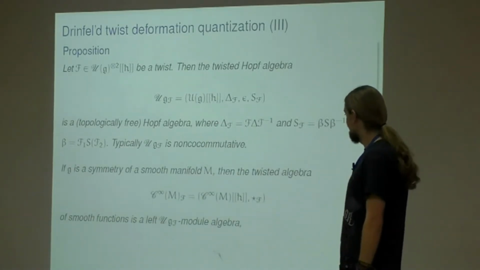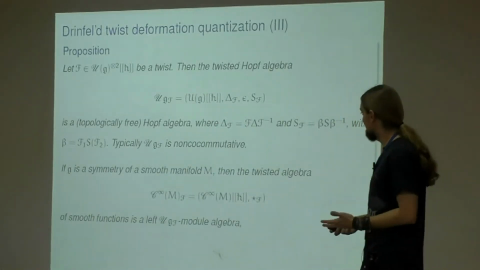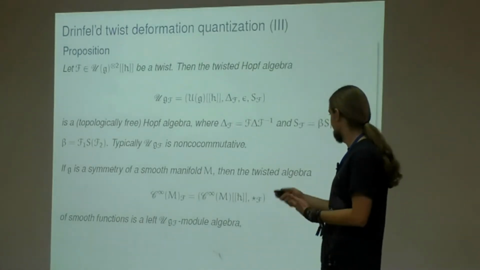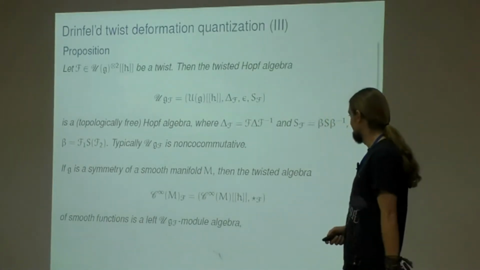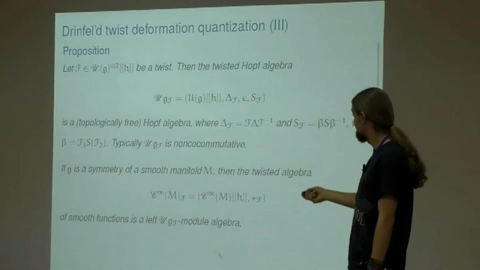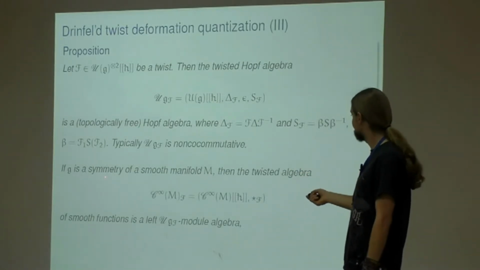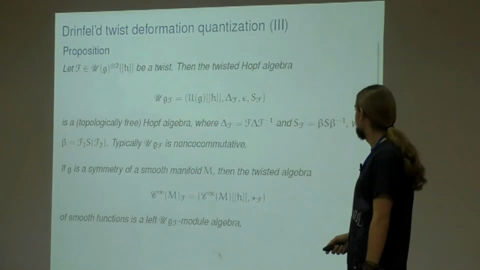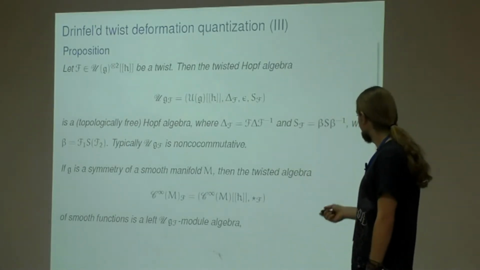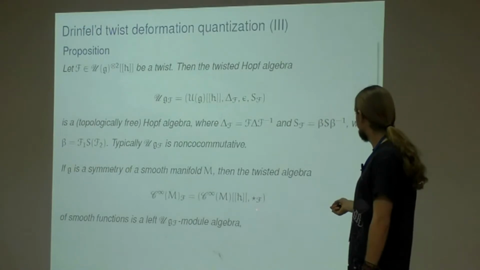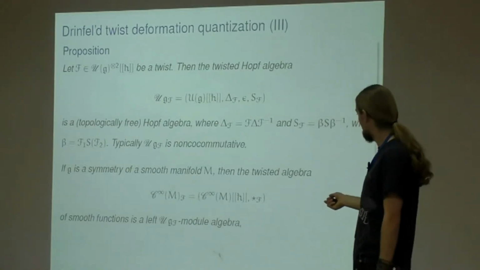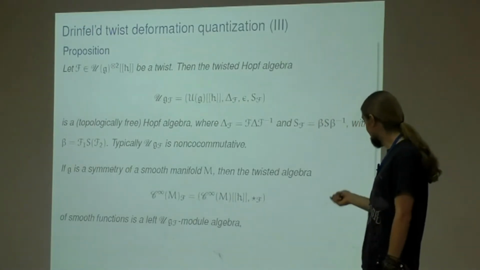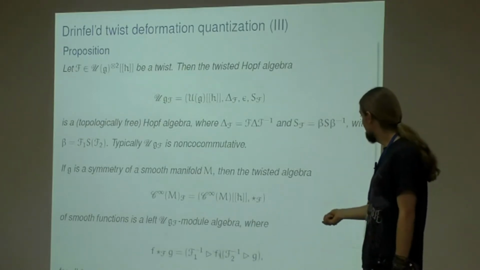So let's look to the third and last one. So we actually want to quantize our manifold, or the functions on our manifold. And this is how it works. We need a symmetry and a twist on this symmetry G. And then we can write down a product star F on the formal power series of the smooth functions. And the formula is given here.